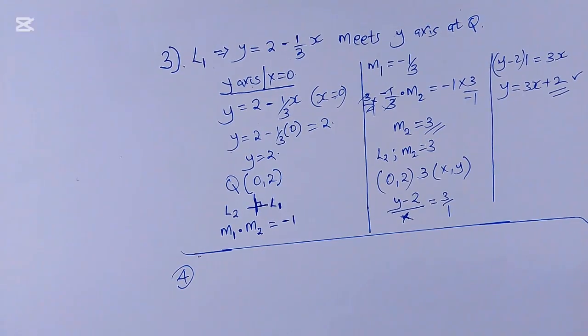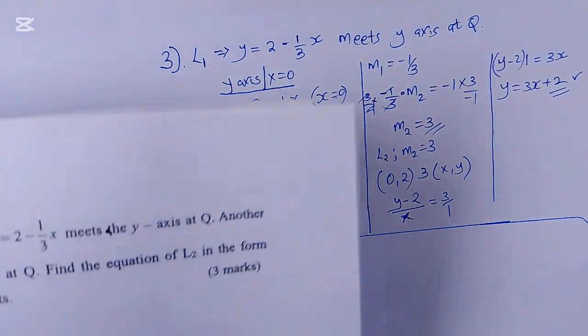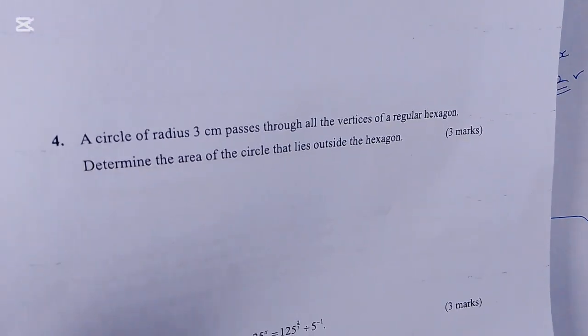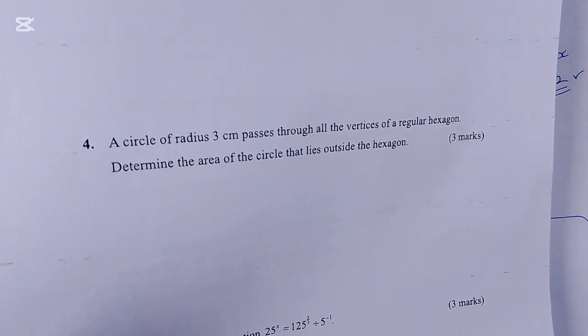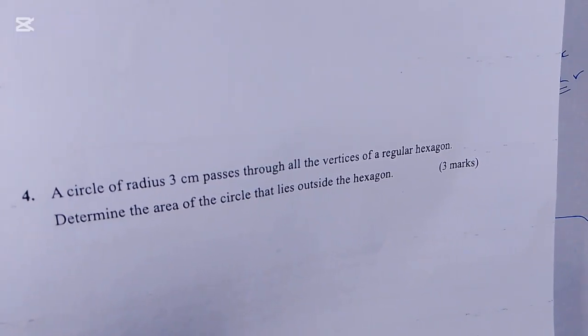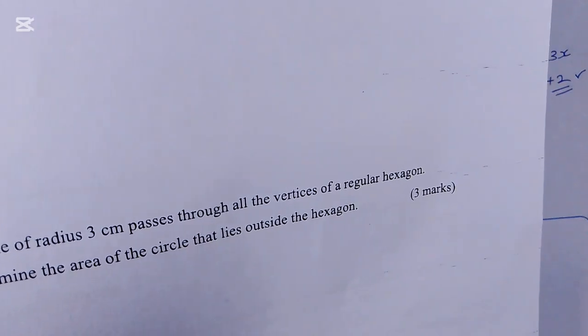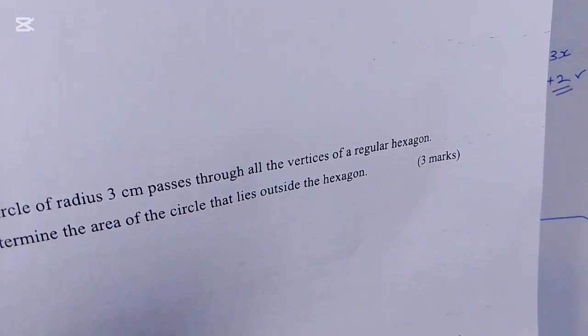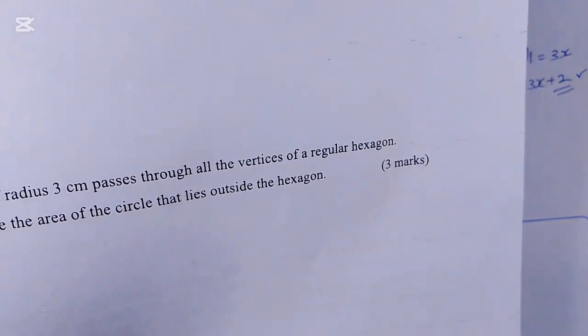Question number 4 reads: a circle of radius 3 centimeters passes through all the vertices of a regular hexagon. Determine the area of the circle that lies outside the hexagon.